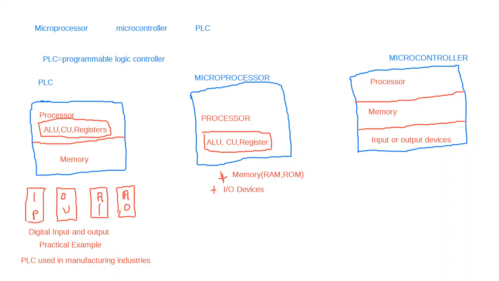Similarly in microprocessor, the processor is the only inbuilt part, but memory and input and output devices are the external parts. But in case of microcontroller, processor, memory, and input and output devices are all inbuilt on a small chip. You might have heard about integrated circuits, ICs. They are basically situated on a small chip.